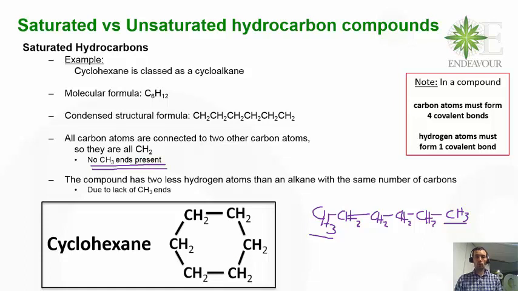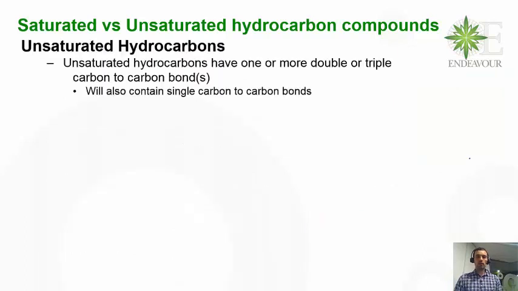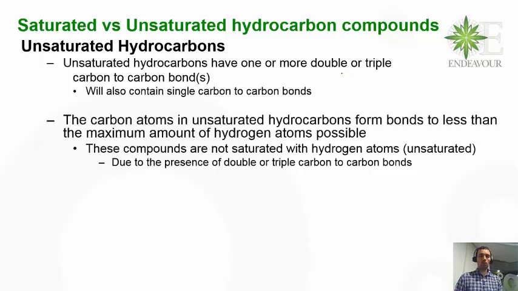So remember, when we're looking at all these structures, that each carbon has to have 4 covalent bonds and hydrogen has to have 1, going back to what we were looking at the start of the session. So now let's have a little bit more detailed look at the unsaturated hydrocarbons. Remember, these are the structures that have one or more double or triple carbon-to-carbon bonds, as well as single carbon-to-carbon bonds.